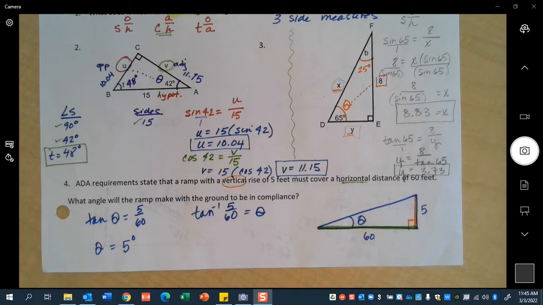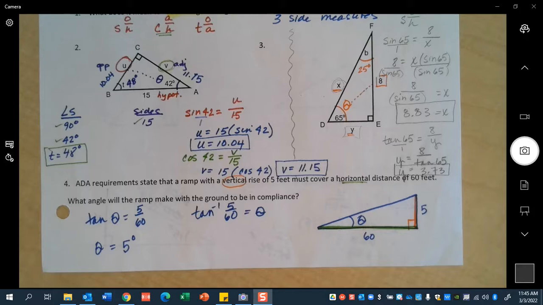So let's take a look at this. ADA requirements state that a ramp with a vertical rise of 5 feet must cover a horizontal distance of 60 feet. There were 2 big vocabulary words that we need to make sure you understand. Vertical is up, down. Horizontal, left, right.